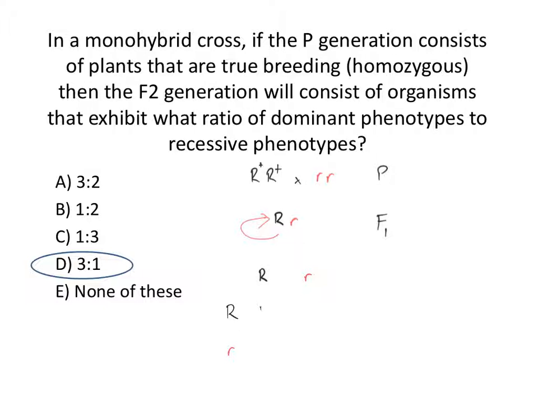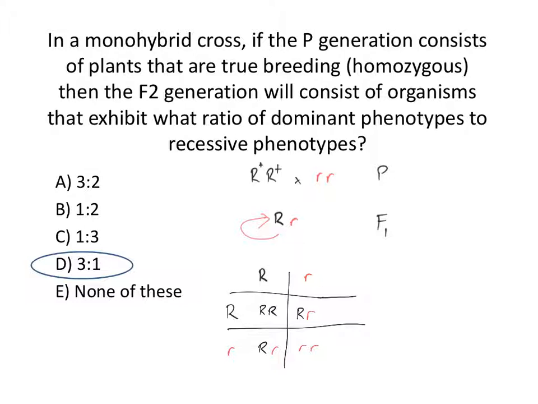Okay, so here we've got a homozygous dominant allele. This one will be heterozygous for both the dominant and the recessive allele, and then the final one will bring together those recessive alleles.